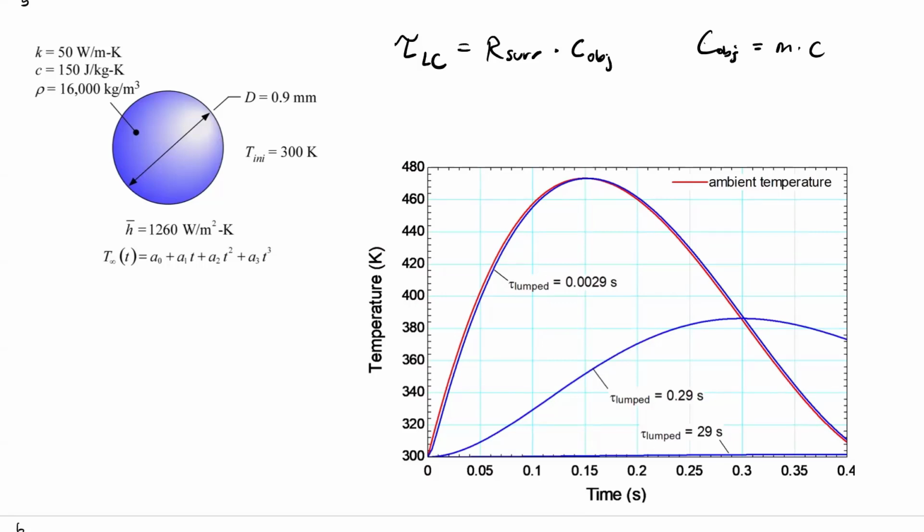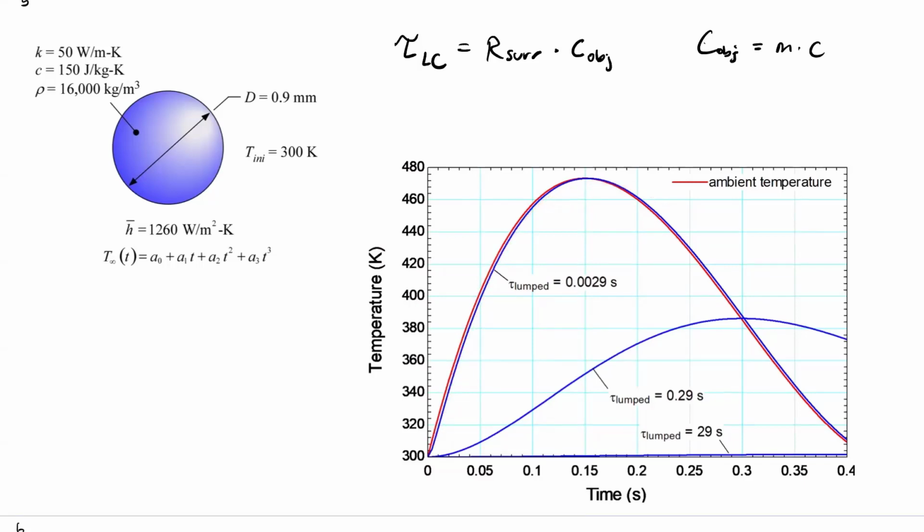Well, what if tau lumped is 0.29 seconds? It's about on the order of the phenomena that's happening here. We are going to see some kind of a response, but it's a little bit delayed. Well, what if the object is really, really light, or there's not much thermal inertia there, or there's a huge amount of heat transfer to it, the resistance to the surroundings is really low, then you have a low time constant. And basically you trace right along with whatever is happening in the temperature profile.